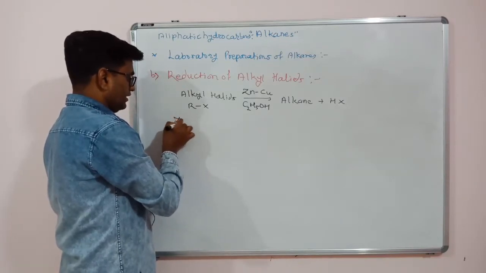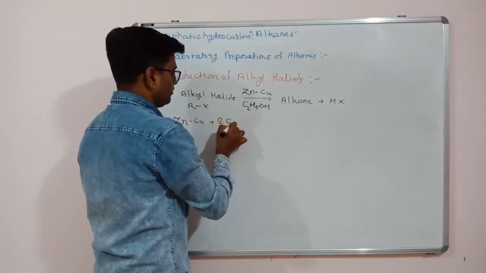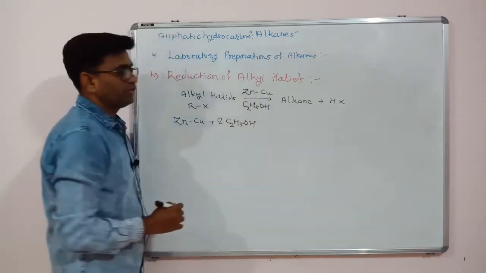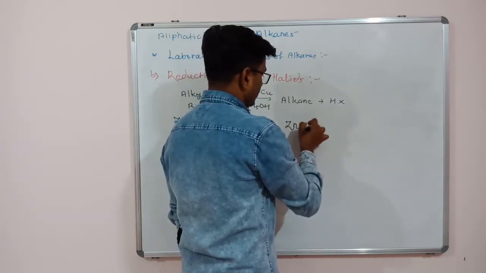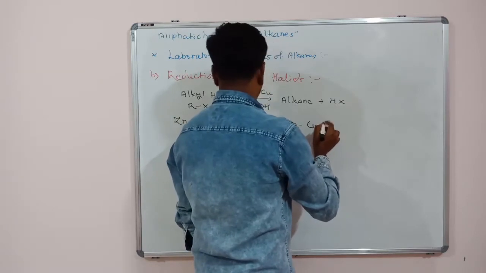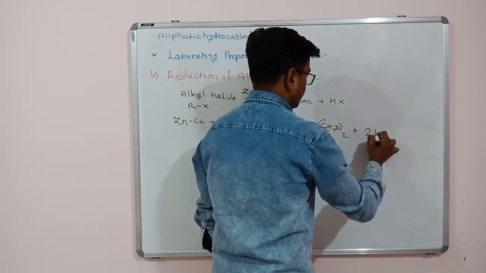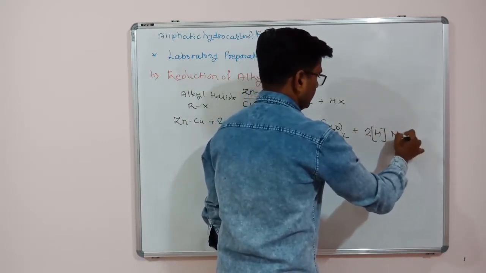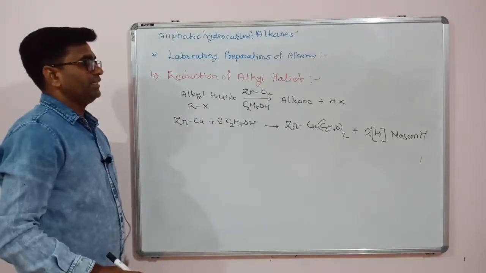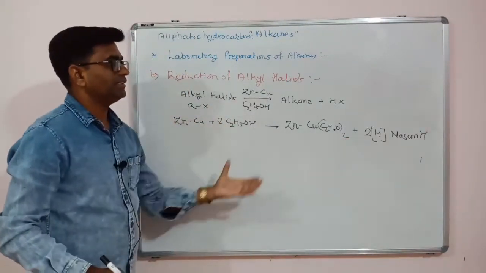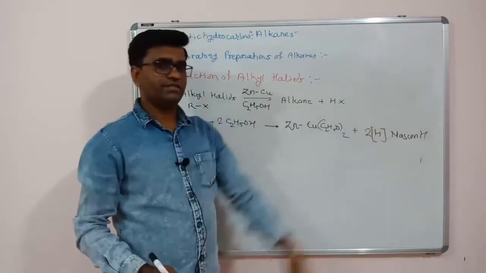Suppose this is a Zn copper mixture. If we are reacting with two molecules of C2H5OH, two molecules of ethyl alcohol, it will give us a Zn copper complex, that is (C2H5O)2 plus 2 nascent hydrogens, and these hydrogens get added to alkyl halides and we will get alkane and hydrohalic acid as a byproduct.